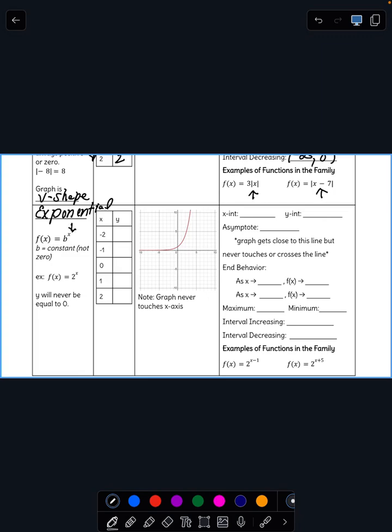So here you know it's exponential when your variable is the exponent. And y will never be equal to 0, ever. It will come very close, but it will never reach it.